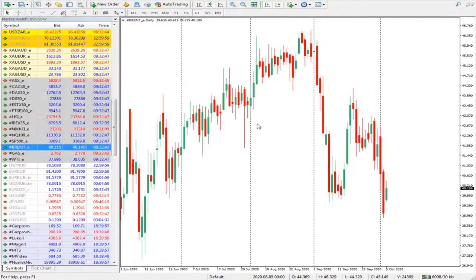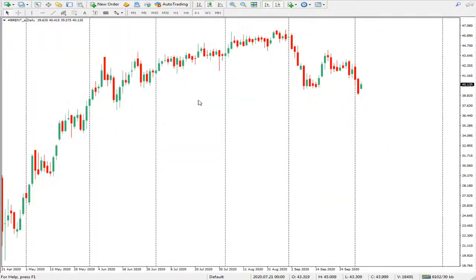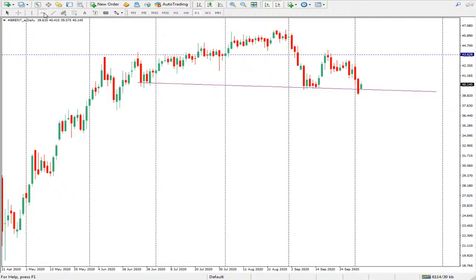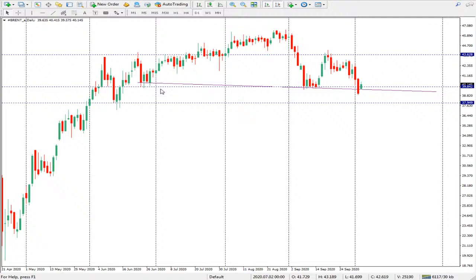The next chart is Brent oil. Brent oil is bearish so far. We do have a level there, and at the top we have a resistance there, a level there, and also a horizontal level here. We have support, support, support.